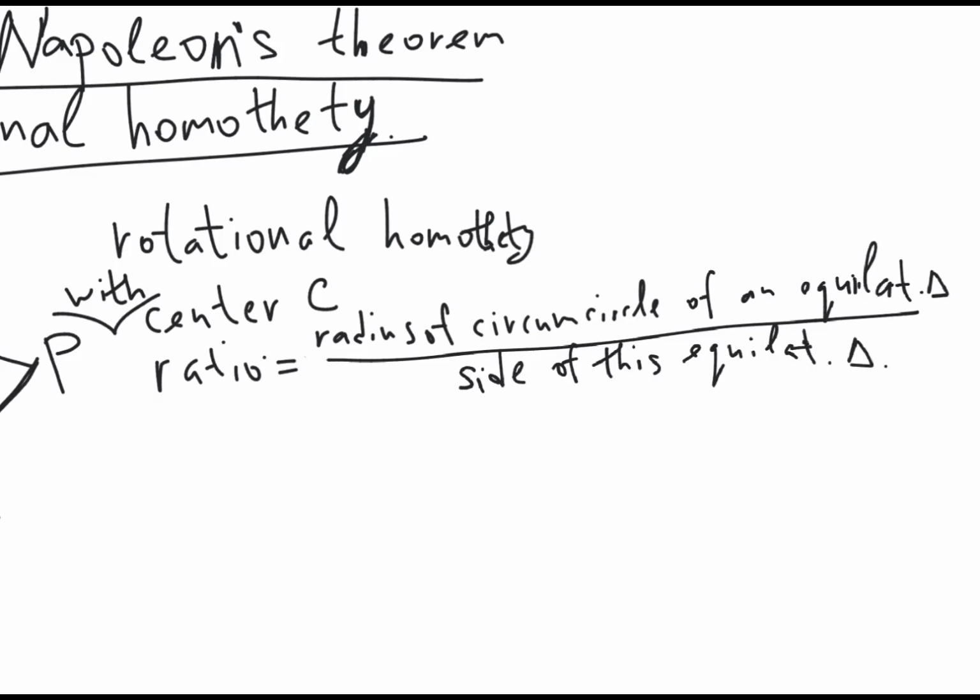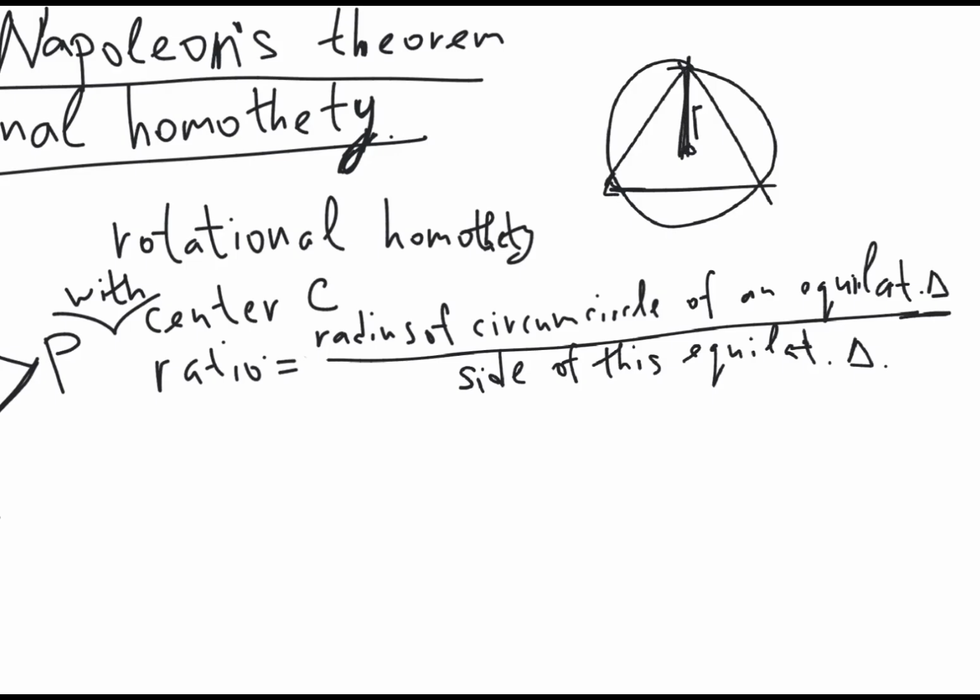It doesn't matter actually what the specific value is, if it's square root of 3 or any other value. It's clear that if we have an equilateral triangle, then the radius of the circumcircle, basically from the center to the vertex, to the side, so R to A, does not depend on the scale of the triangle.